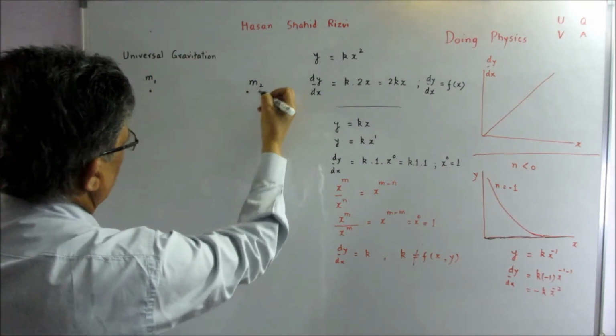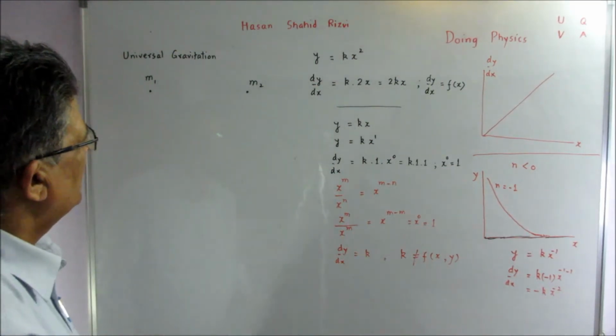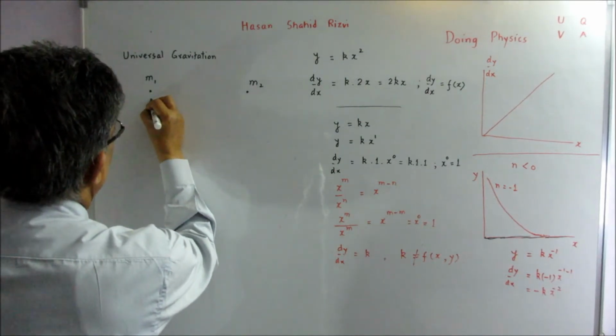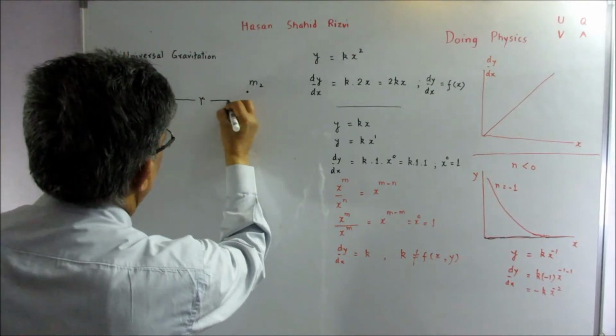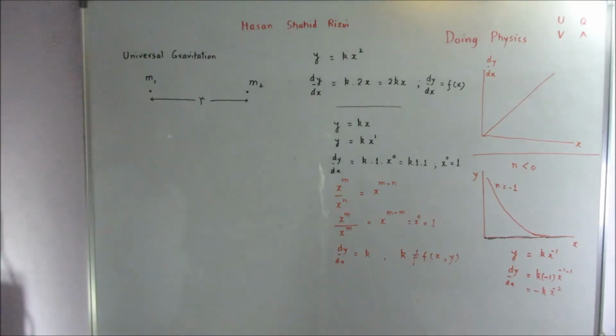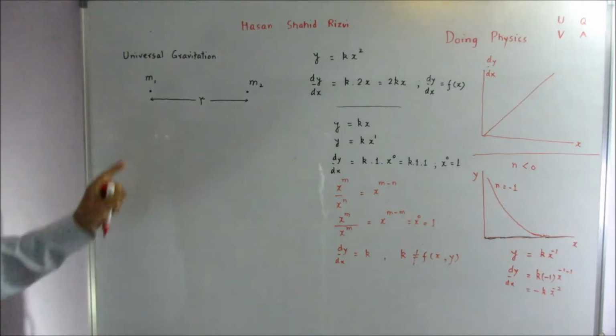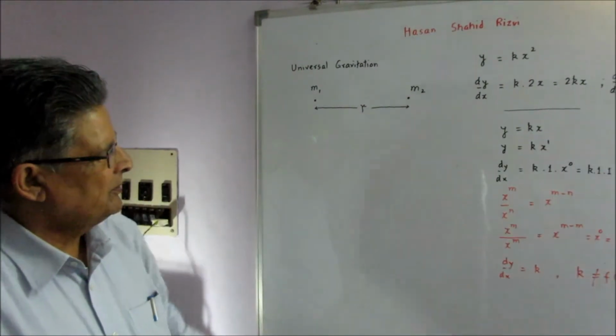There are only two masses. These masses are staying at a distance, say r, away from each other. There is nothing else. There are only three parameters: m1, m2 and r.